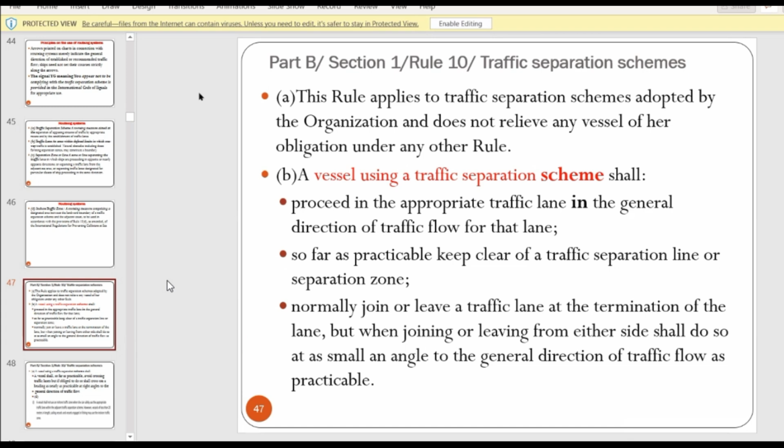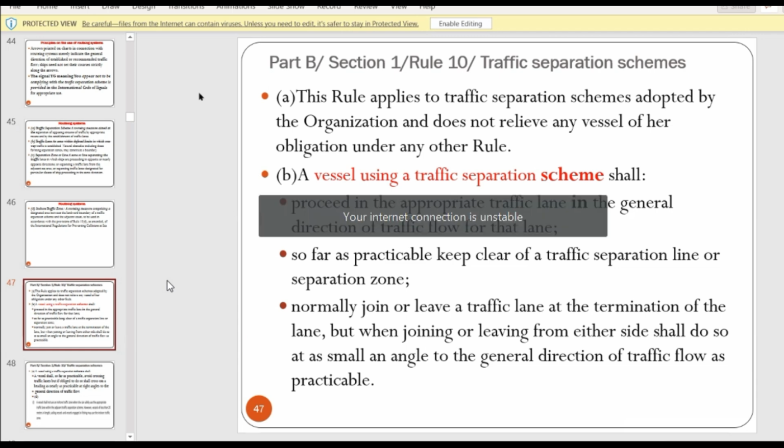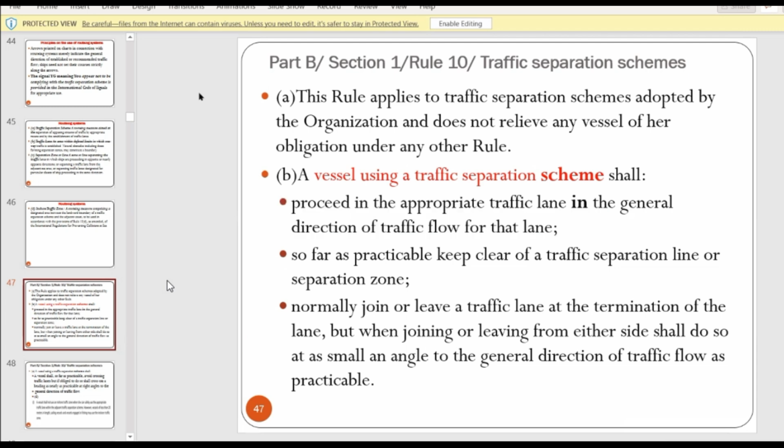Where the lane is joined from the side, in such a case join at as small an angle to the general direction of the traffic flow as practicable.